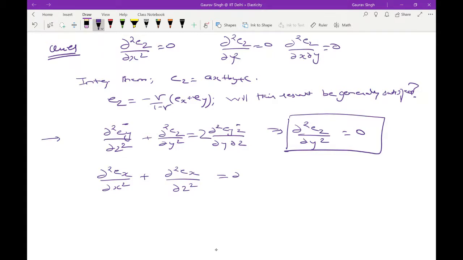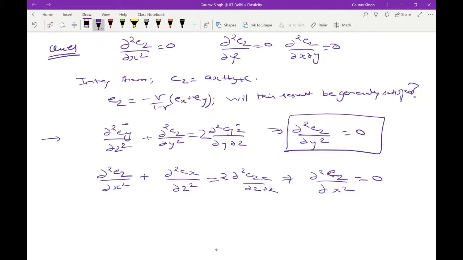Okay, so there's a 2 over here, and that is 2Ezx, ∂z∂x, this is a z. Okay, so this implies that ∂²Ex/∂z² is equal to 0.